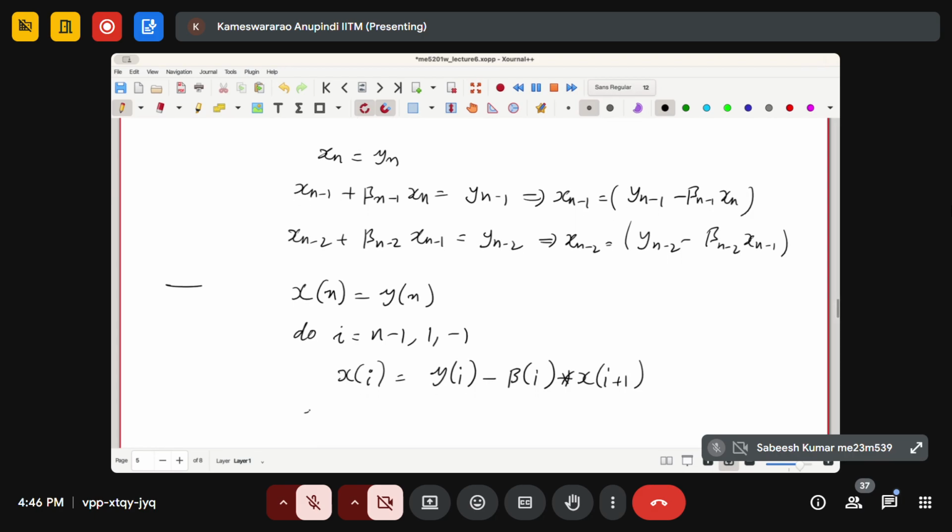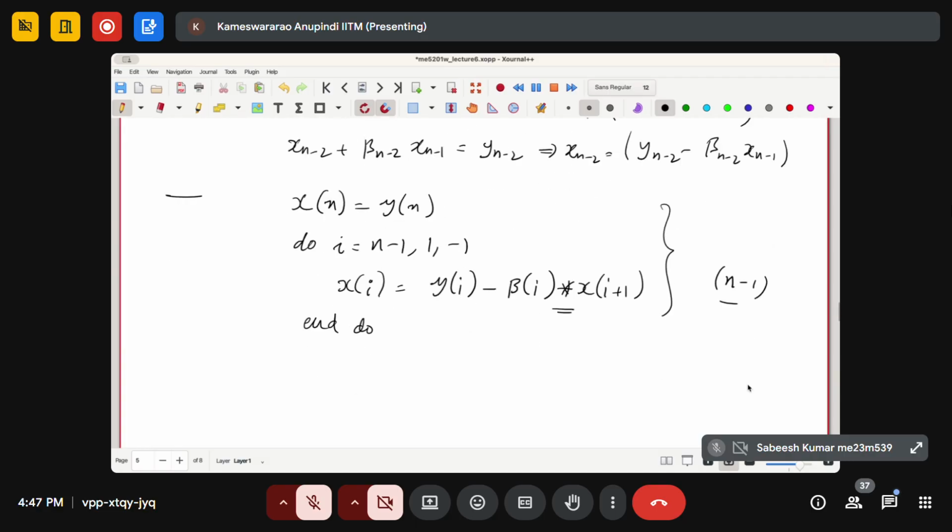Okay, and then do. Now if we were to calculate the number of operations here, we have one multiplication for each of these n minus 1 steps. So basically we have n minus 1 operations, right? That means if you sum it together, the total multiplications plus divisions is 2 times n minus 1 for the LU decomposition, plus 1 plus 2 times n minus 1 for the forward substitution, plus n minus 1.